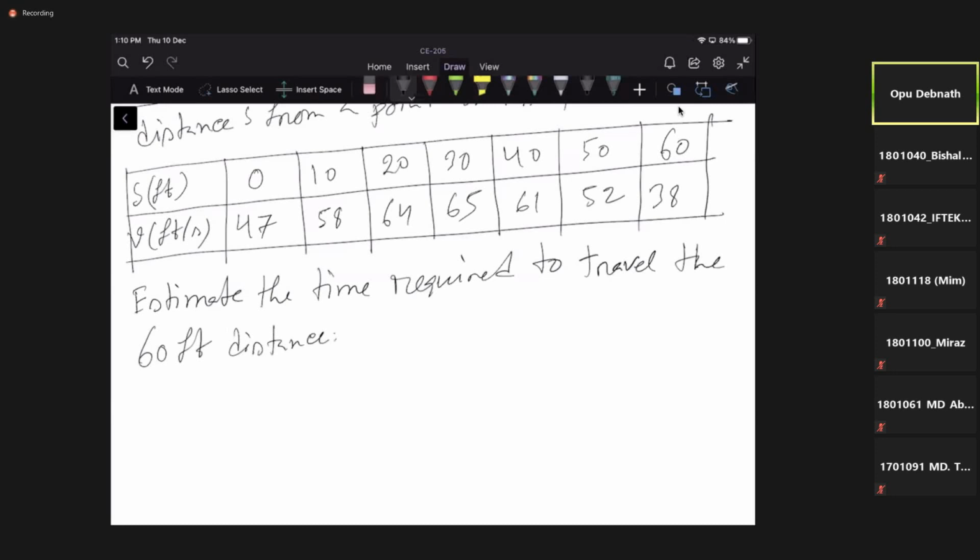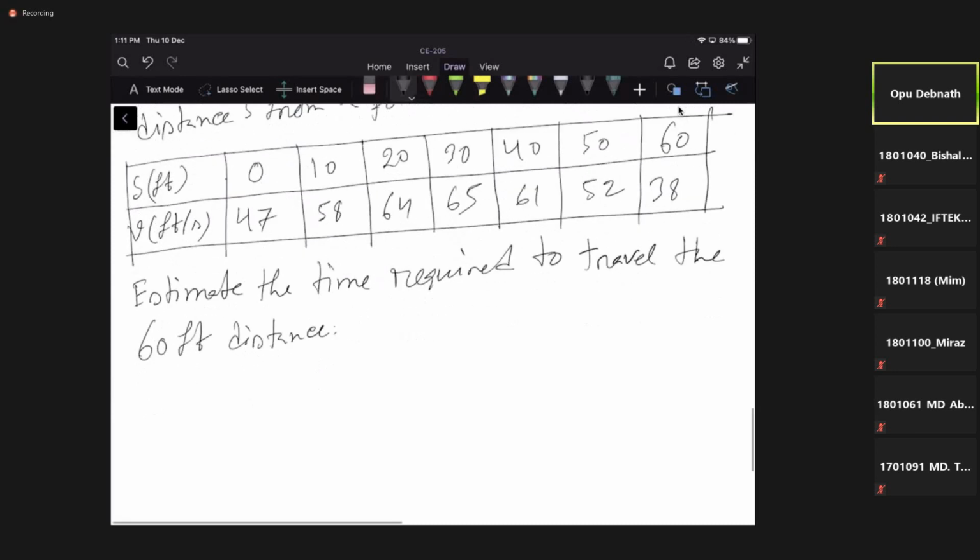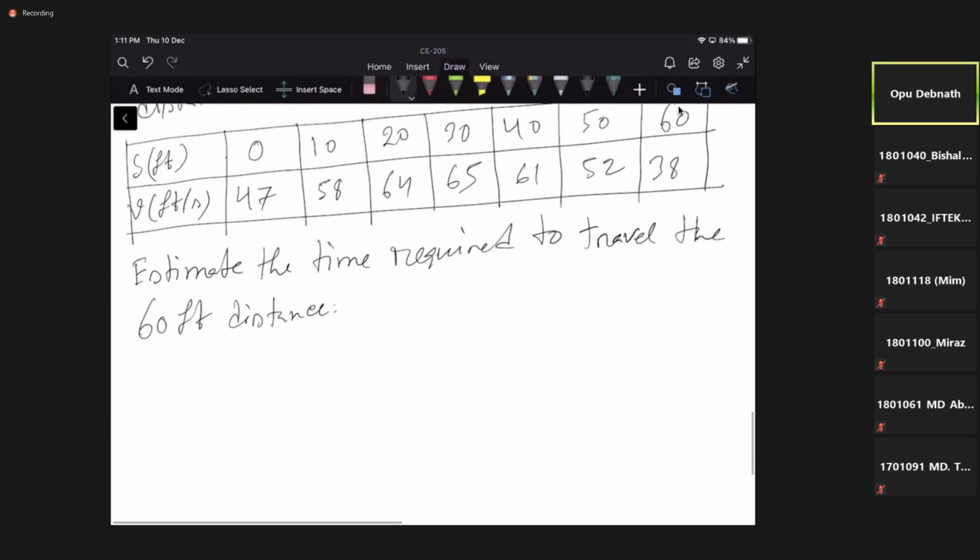I may ask what will be the time to travel the particle from 0 to 60, that means for the total length, how much time it will take. This can be done using different methods, that means the integration methods.